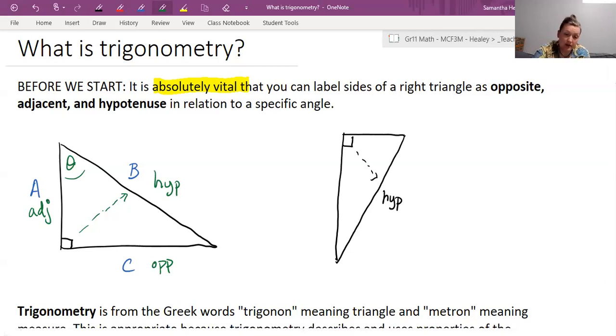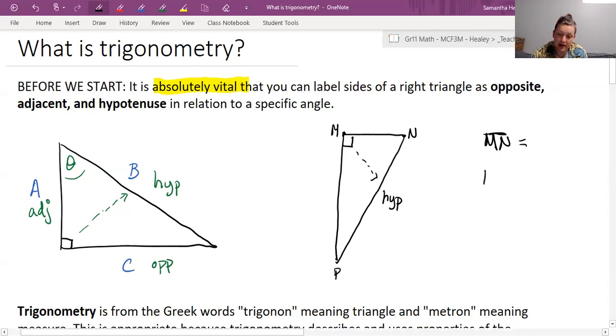Same with this one right here. Let's say we labeled the corners M, N, and P. And I said, okay, what are all the sides? A way of writing triangle sides is to say the name of the corner to the next corner, if the corners were named, and put a little line over it to show that it means the whole side.